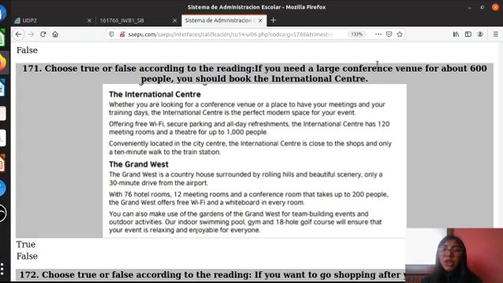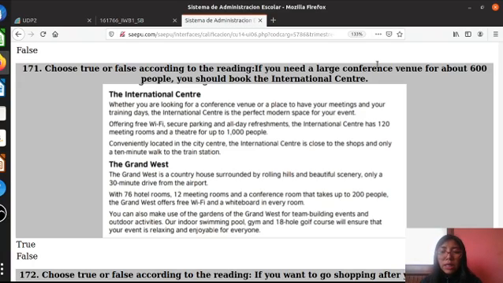It says the International Center. Whether you are looking for a conference venue or a place to have your meetings and your training days, the International Center is a perfect modern space for your event. Offering free Wi-Fi, secure parking, all-day refreshments, the International Center has 120 meeting rooms and a theater for up to 1,000 people.